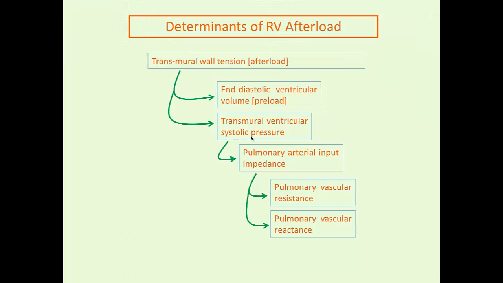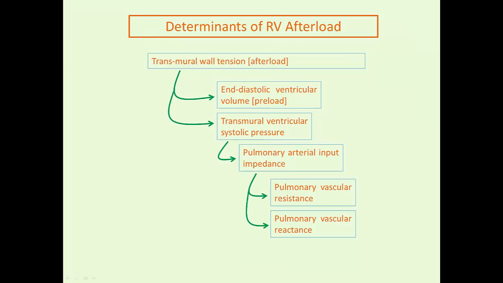The question as to whether or not a decrease in intrathoracic pressure increases the afterload is a bit more complicated, because unlike the left ventricle, where the LV and the aorta together during systole are ejecting from the thorax out to the extrathoracic compartments, where there certainly is a change from your intrathoracic pressure to your extrathoracic, ambient pressure, the RV and the pulmonary arteries and the major branches of the pulmonary arteries are all exposed to the same intrathoracic pressure.